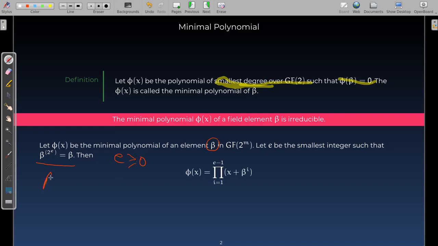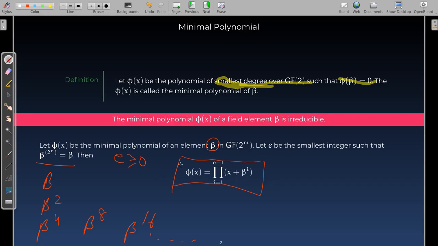So we calculate beta square, beta 4, beta 8, beta 16, and we continue this until one of these powers is equal to beta. Then we stop, and that gives you the value of e, and phi x is simply the multiplication of the factors x plus beta, x plus beta square, x plus beta 4, and so on.